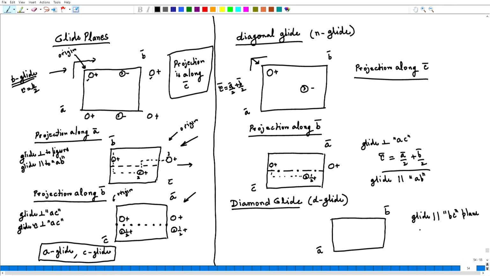And the translation vector for this glide is b by 4 plus c by 4.